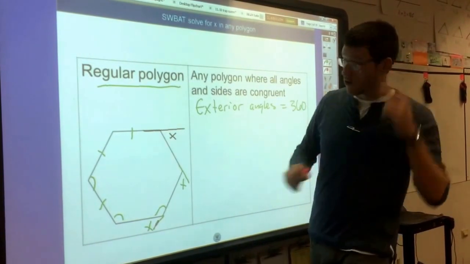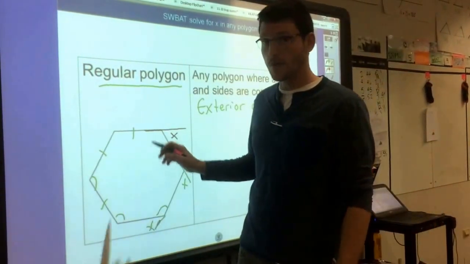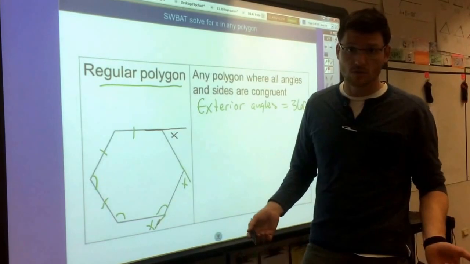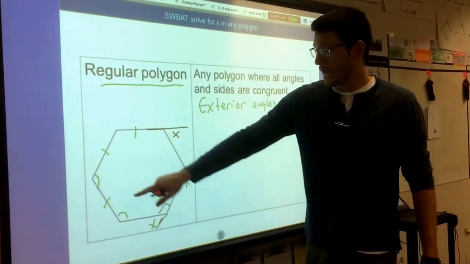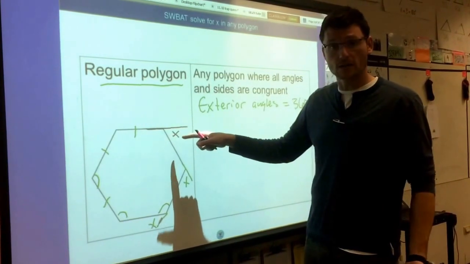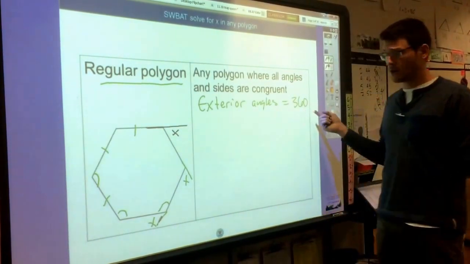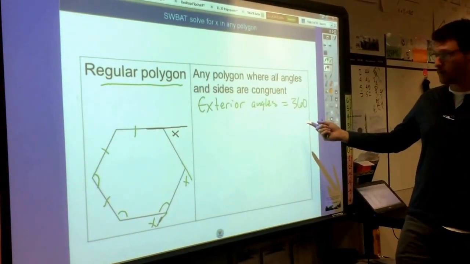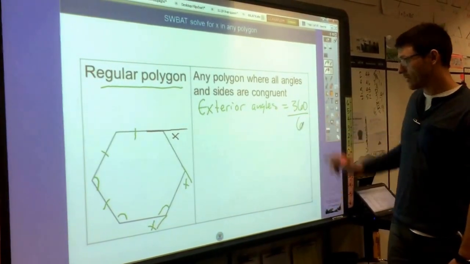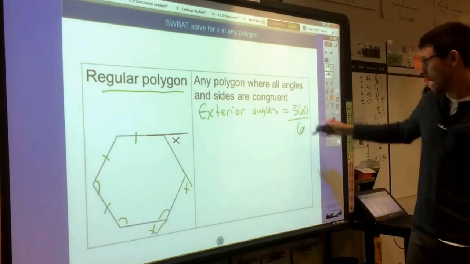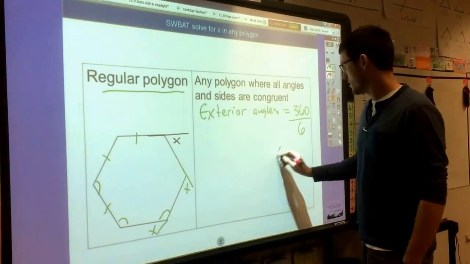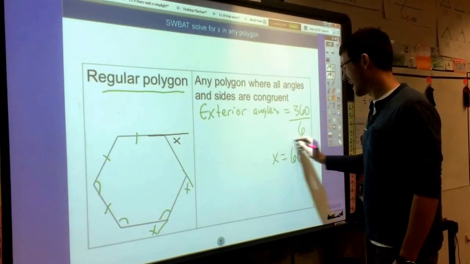And because all these interior angles are the same, all the exterior angles are going to be the same too. So if we split this 360 into 6 equal exterior angles, we'll solve for x. We start with our 360 that our exterior angles add up to, and we just divide it by how many angles we have. I've got 1, 2, 3, 4, 5, 6 angles. I divide by 6. X is 60, and I'm already done.